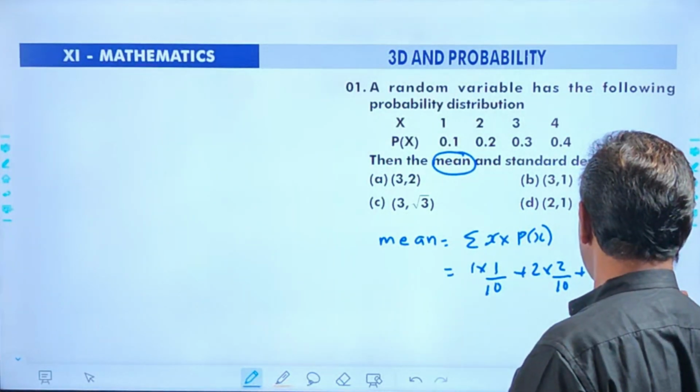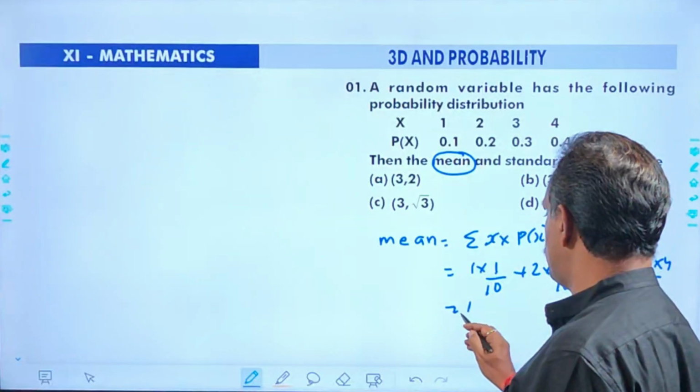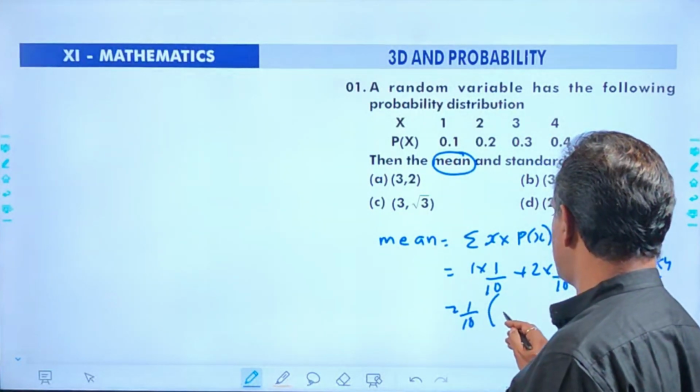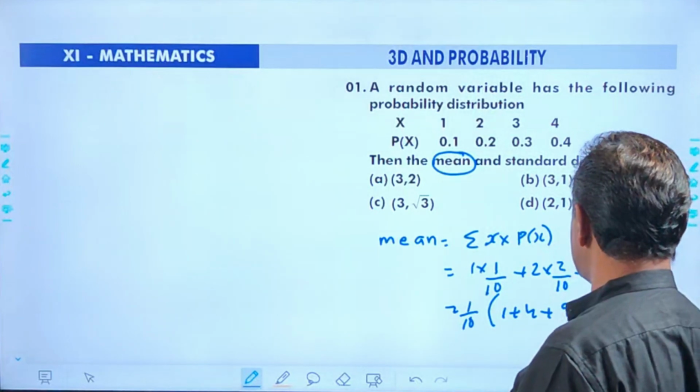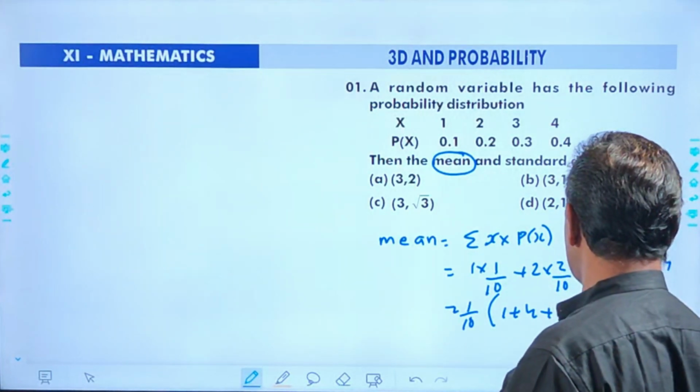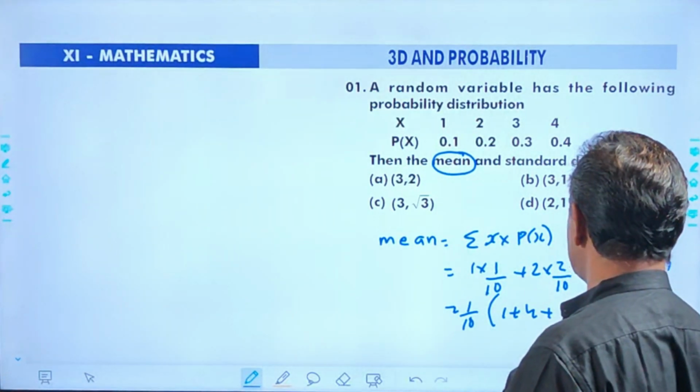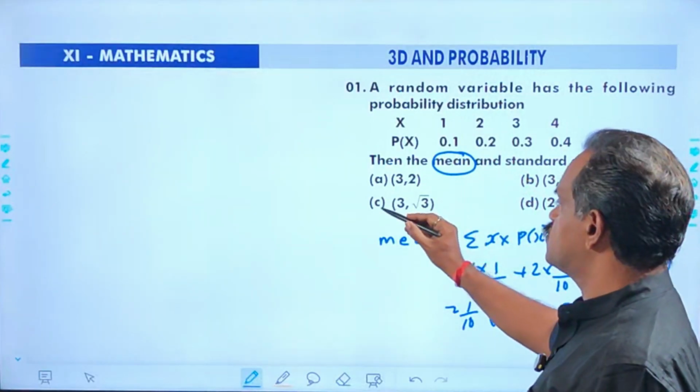So listen here. When you take 1 by 10 outside, what remains will be 1 plus 4 plus 9 plus 16, which is equal to 30 by 10, which is equal to 3. So the mean is given to be 3.